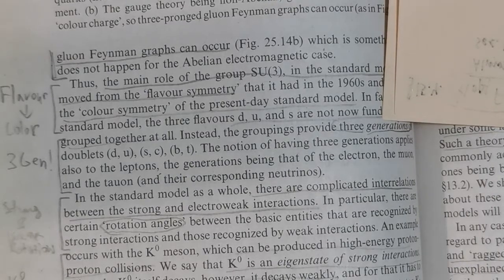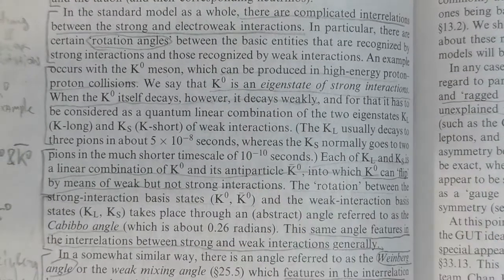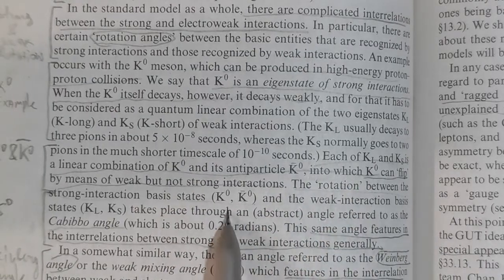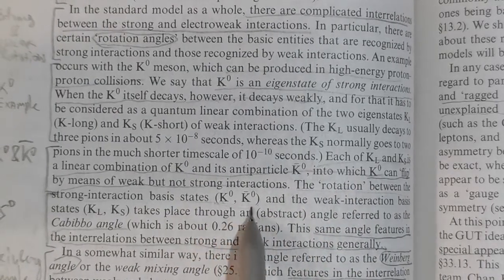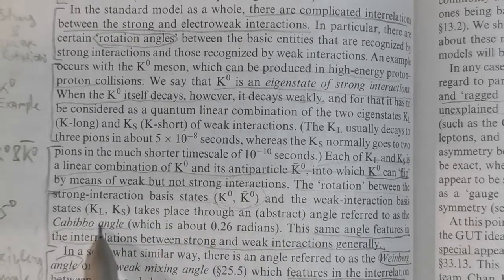And those two bases will have an angle between them. That angle is called the Cabibbo angle, which is about 15 degrees, or 0.26 radians.